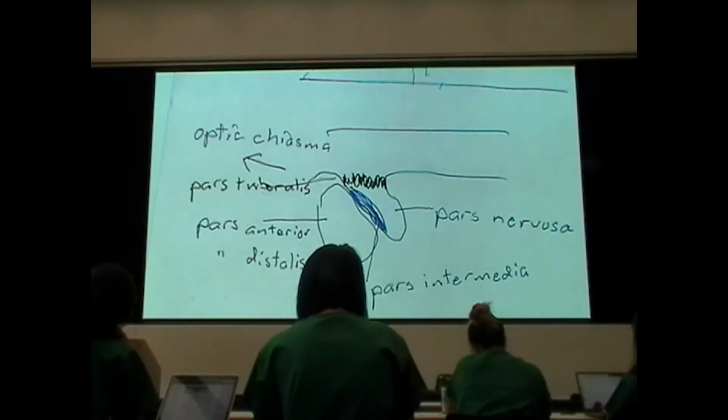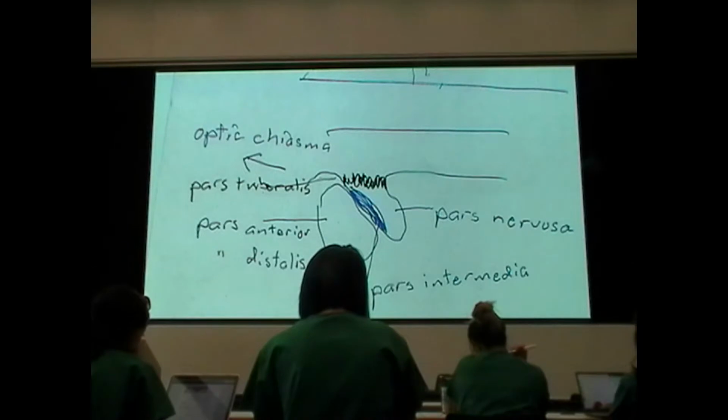Now, you may not be aware of the fact that up until a few years ago, every hospital that performed autopsies was constrained to remove the pituitary from the cadaver, irrespective of the cause of death.